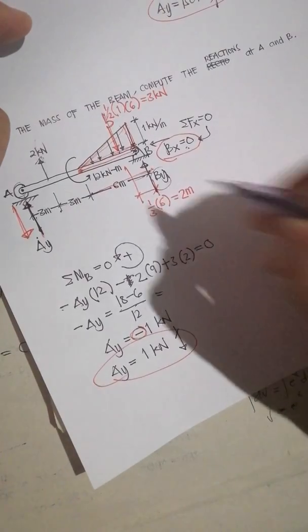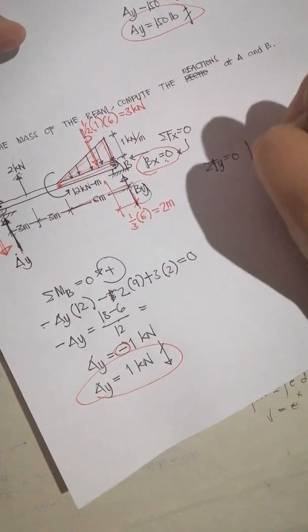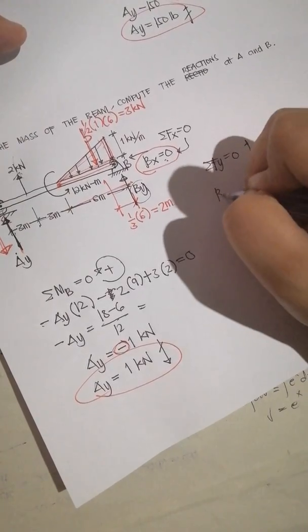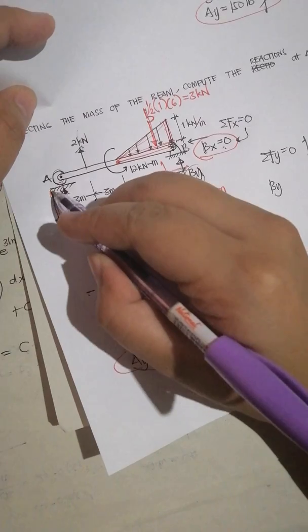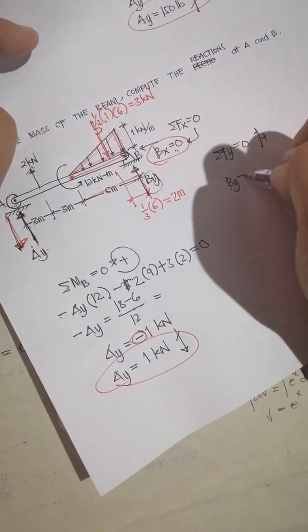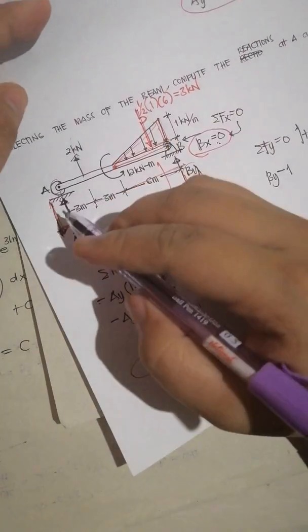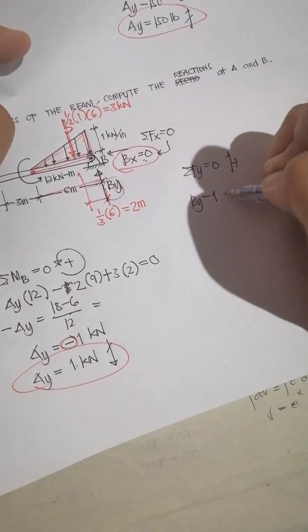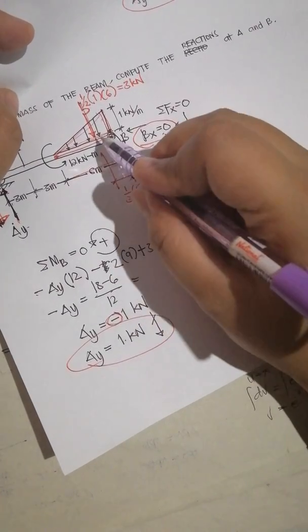Next, we only have the last one, BY. We could use sum of forces in y equals 0, upward forces positive. So we have BY, and for AY we use the downward direction, so it's negative, with magnitude 1. Then we have the upward force 2 kilonewtons, positive.